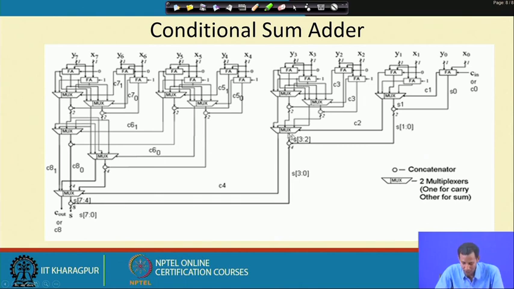Based on that, these two multiplexers will pass through another multiplexer where C2 will take the decision. If this C2 is 1, then this particular group will pass, otherwise this group will pass.